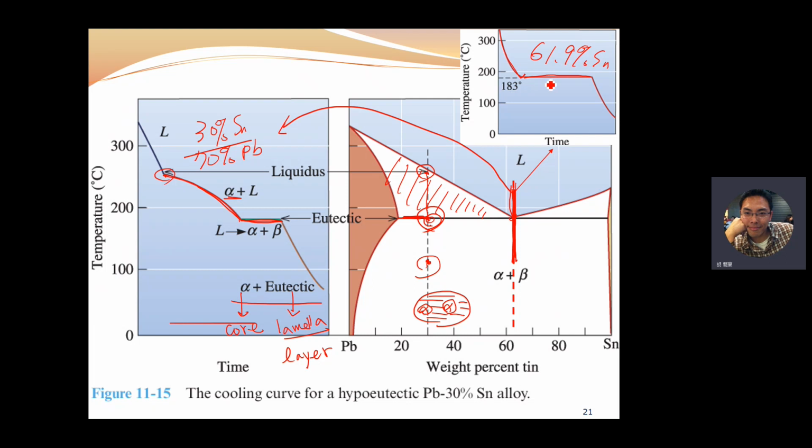Therefore, we know that for the cooling curve, if the temperature remains constant, that means the eutectic reaction occurs at this temperature, right? For this plateau, that means this reaction occurs.